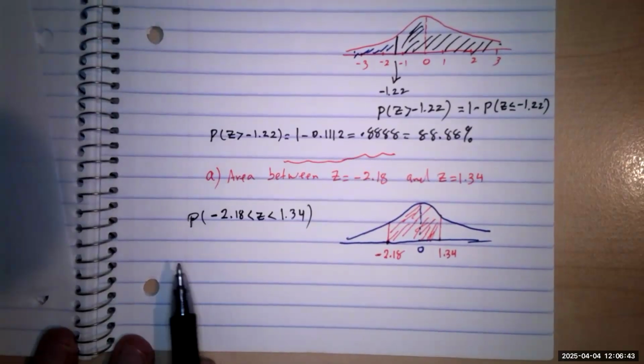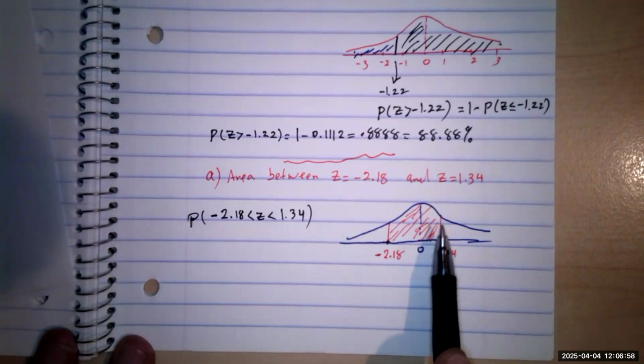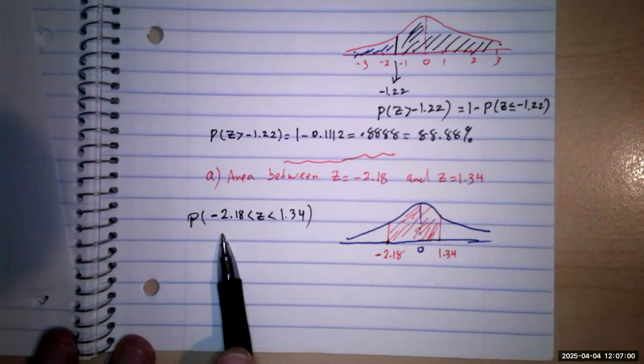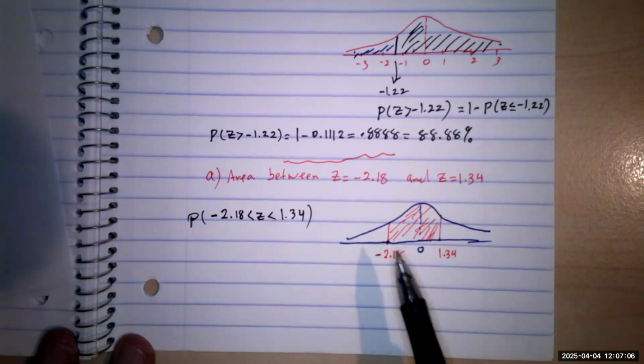Now, you see, again, the z table just gives you the area to the left. So what you have to do is find the probability for each z number, which gives you the area to the left. Then you have to subtract: the larger one minus the smaller.